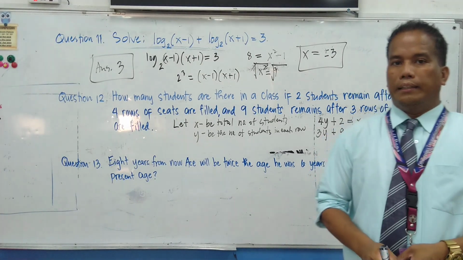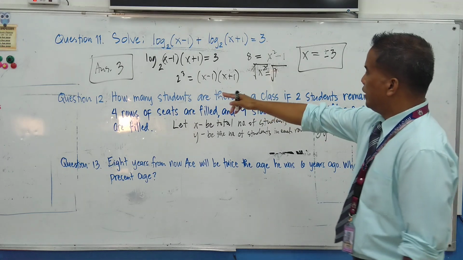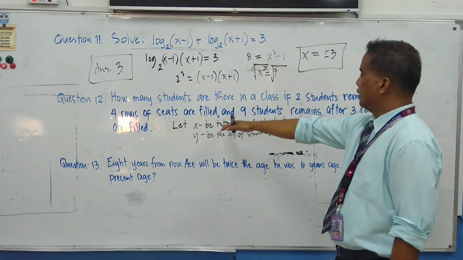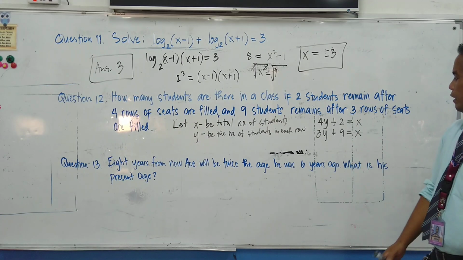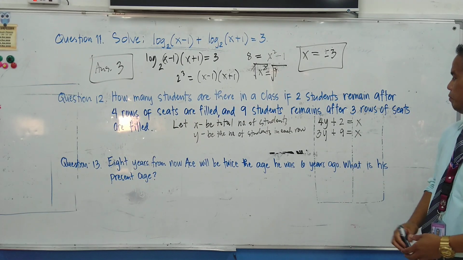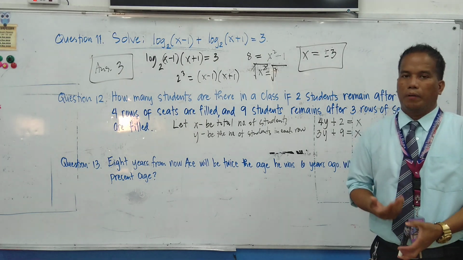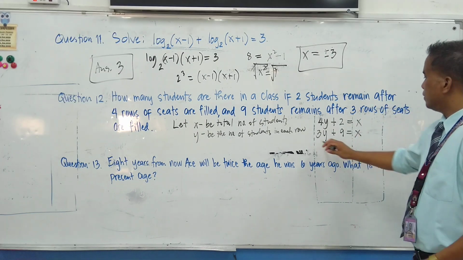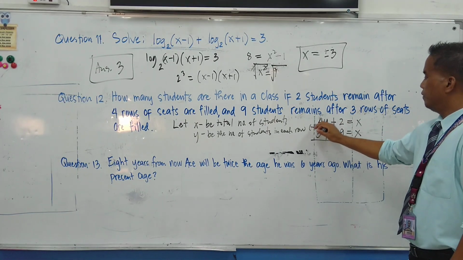Okay? And then we can find the value of x, because how many students are there in the class? So the total number of students is what we are looking for. Now, we can solve these equations by elimination, using the operation of subtraction. To eliminate x, we will use subtraction here.